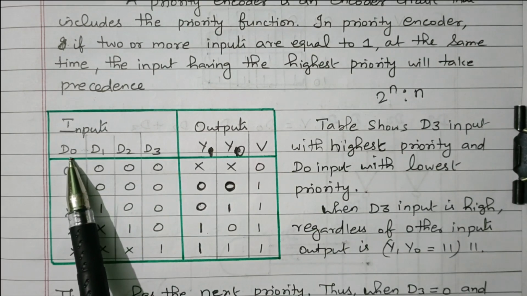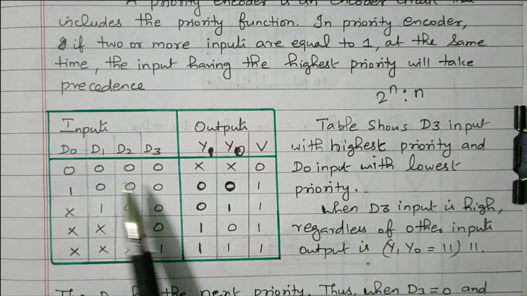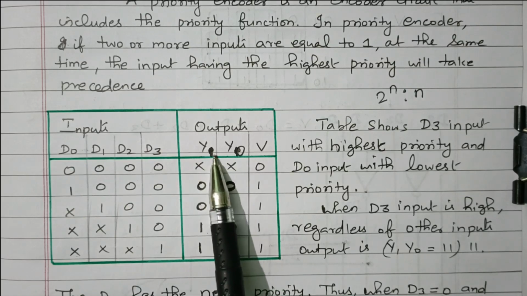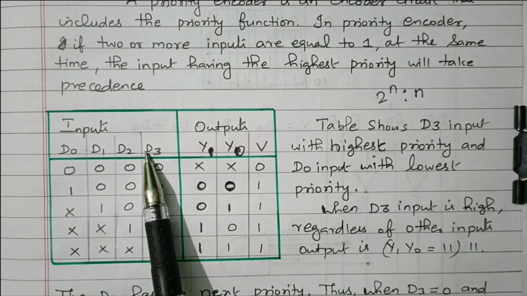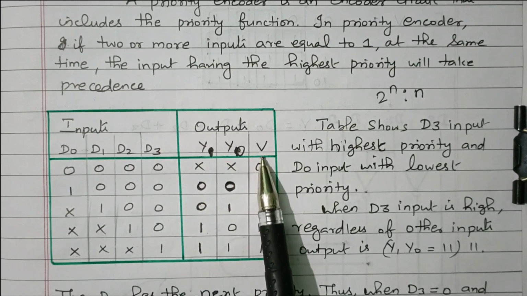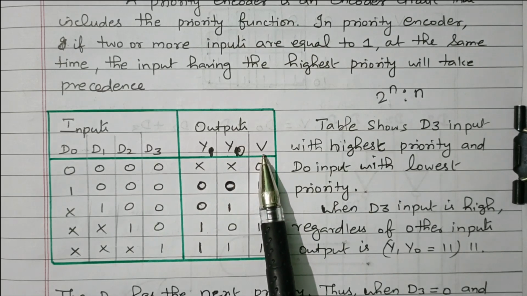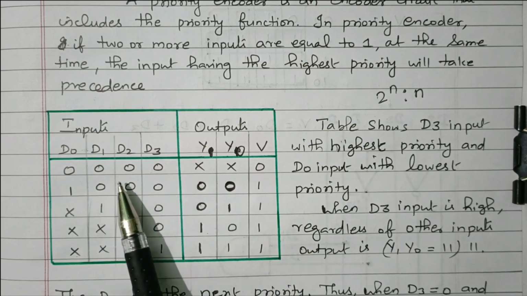There are 4 inputs available, 4 digits, and a 2 digit output. Because of 4 inputs we have 16 combinations. And one more output is available, the verification. This verification is used for whether all are 0 or any one is available.